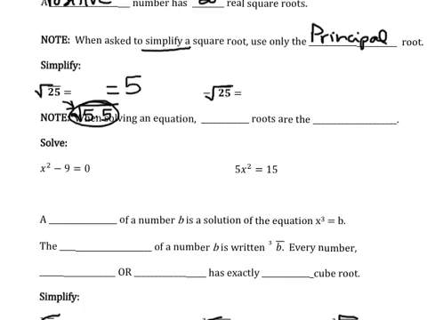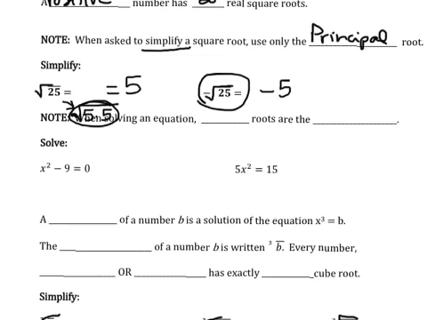Now let's look at the negative square root of 25. That means you're going to take the negative of the square root of 25, which is 5. So in your homework, the only time that you will see a negative is when they want you to put a negative in front of your answer.